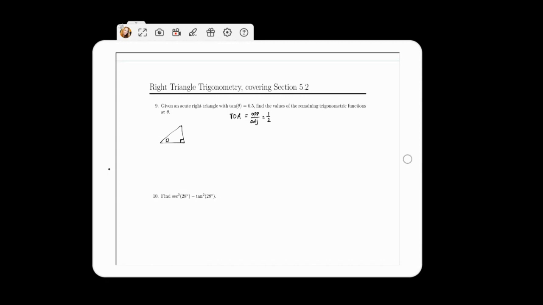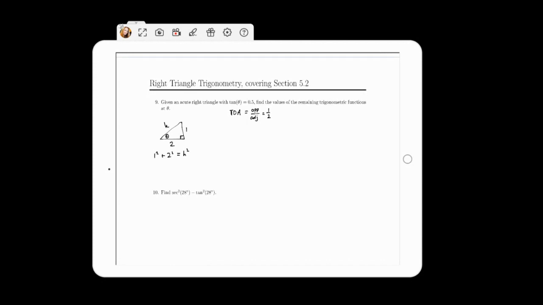So I can draw this triangle, and then I have my angle, and I know that the opposite is 1 and the adjacent is 2. And I'm going to find all the values of the remaining trig functions. In this problem, I don't know what the hypotenuse is. But as always, I can find it using the Pythagorean theorem, which states 1 squared plus 2 squared equals h squared.